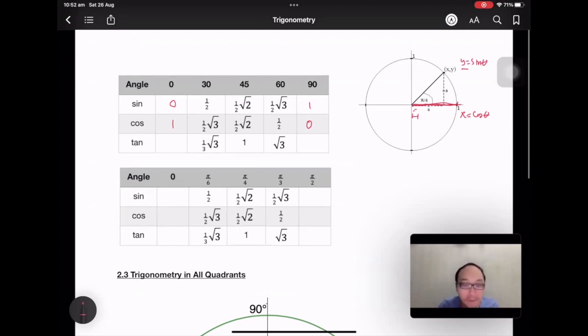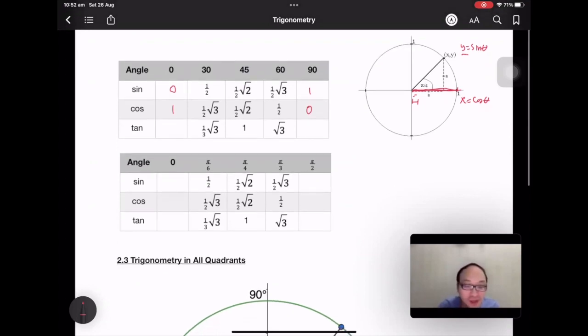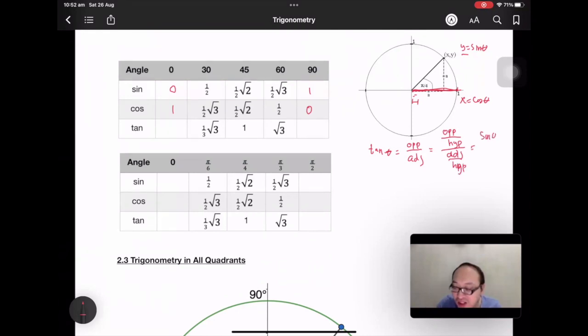And then, how about tangent? Tangent of theta, we know from the trigonometric ratio, is opposite over adjacent. If I divide everything by the hypotenuse, I will have sine theta over adjacent, which is cos theta.